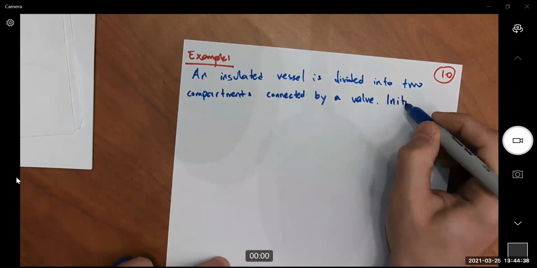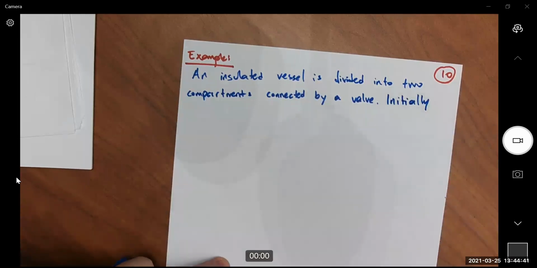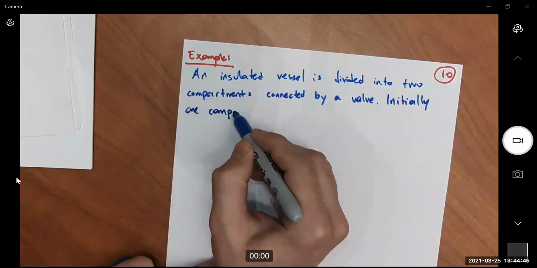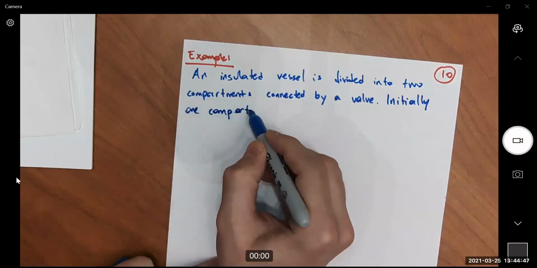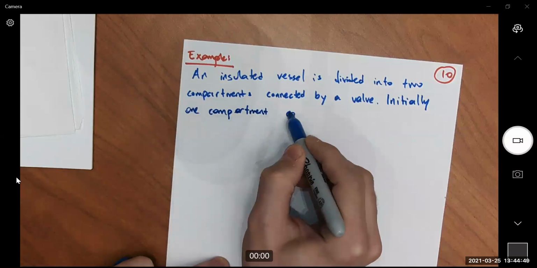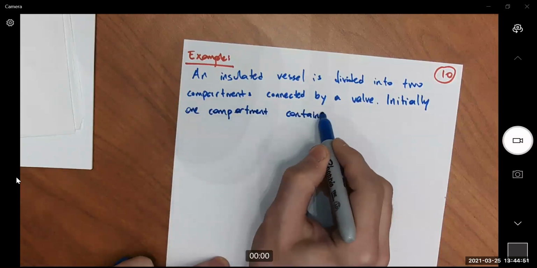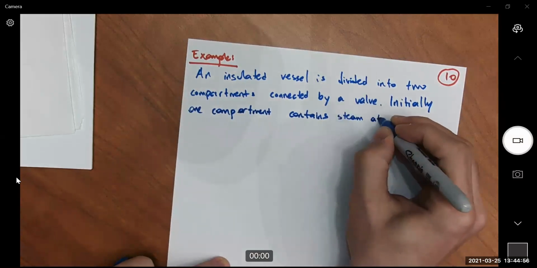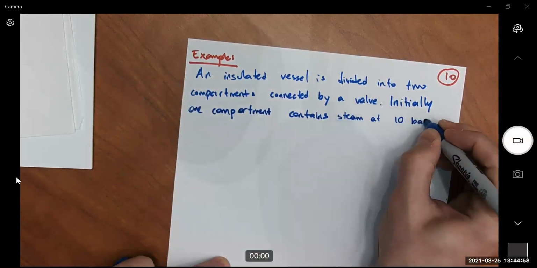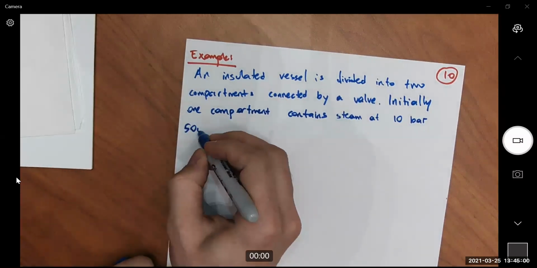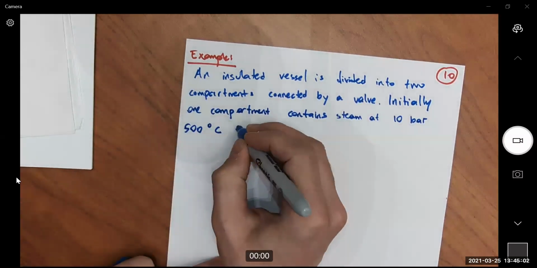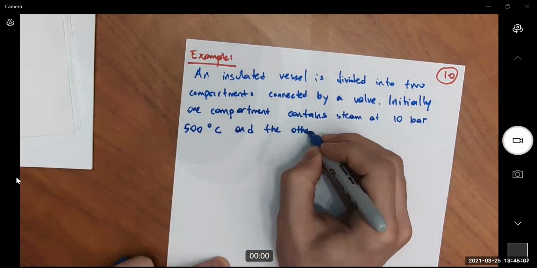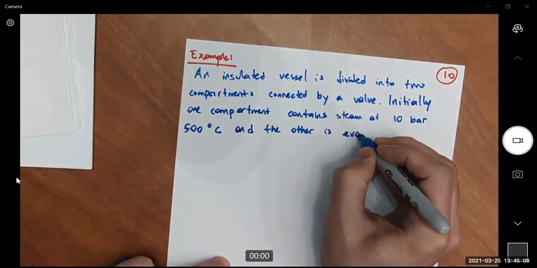Initially, one compartment contains steam at 10 bar, 500 Celsius, and the other is evacuated.